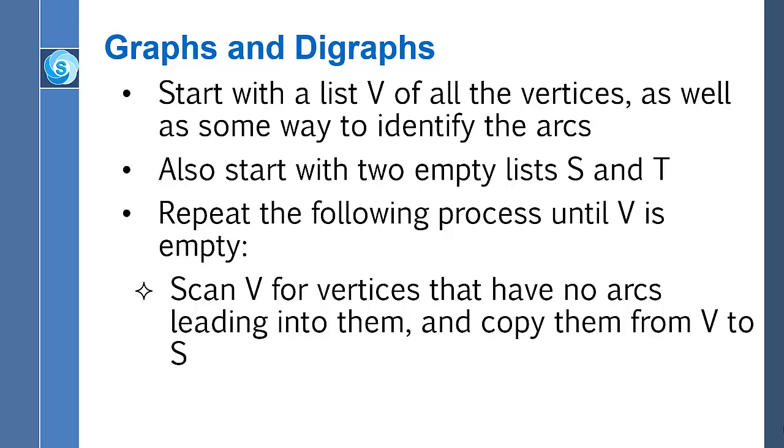In other words, no arcs coming into the vertex, right? So for each vertex whose in degree is 0, copy that vertex into the list S. And now we begin another loop. We're frankly nesting two loops. So this is the beginning of an inner loop inside this outer loop. Okay? So the inner loop gets repeated until the list S is empty.